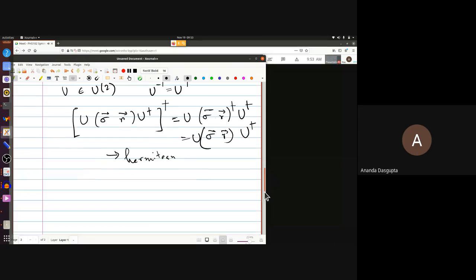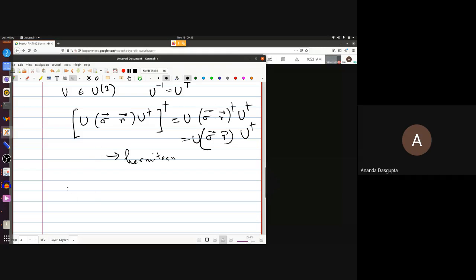So because U sigma dot r U dagger is traceless Hermitian, we can always write it, as we just saw, as sigma dot some vector. And the connection between r and r prime would be that r prime's length squared has to be the same as r's length squared.